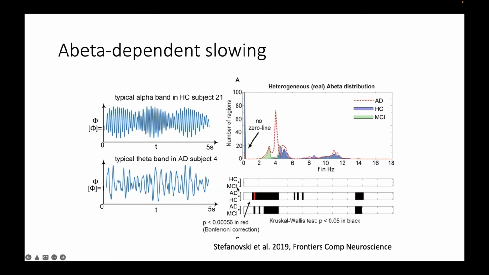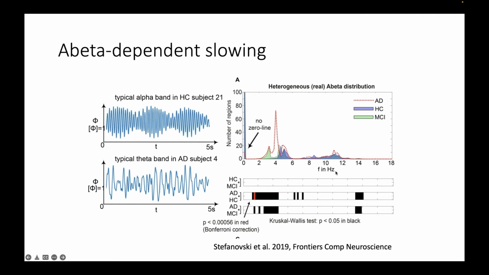And what were the effects? Interestingly, the effects were exactly what we expected, which was slowing in frequencies, and in particular a switch from alpha oscillations to theta and delta oscillations. And this only happened in the Alzheimer's disease group.